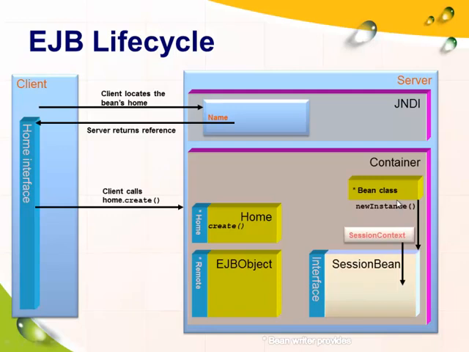So when the bean is instantiated, that means the object is there in the memory, but the server will see to it that nobody will call any method on that object. Nobody is allowed to call any method on it until it finishes its work. What is its work? It sets the context.